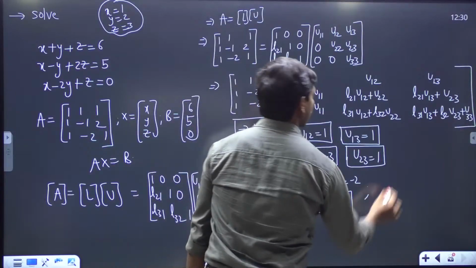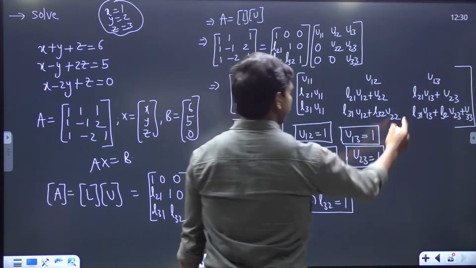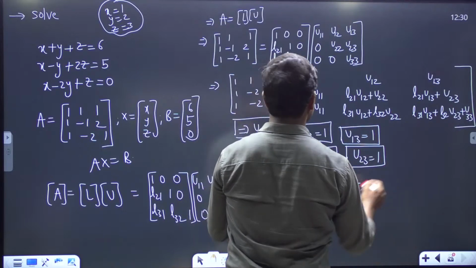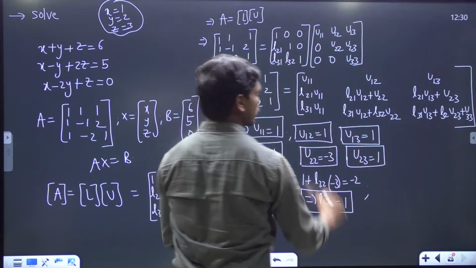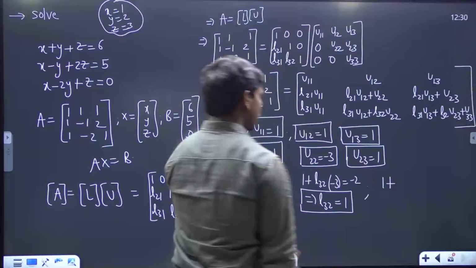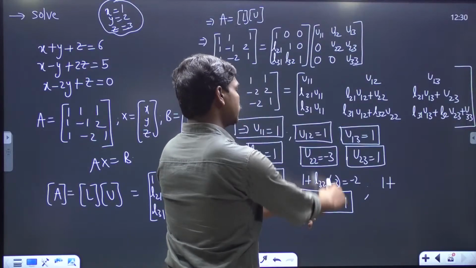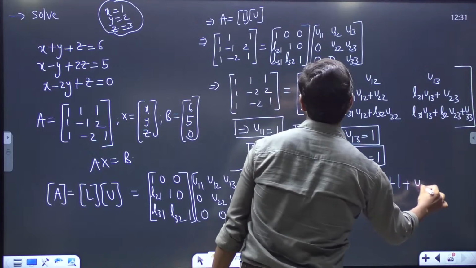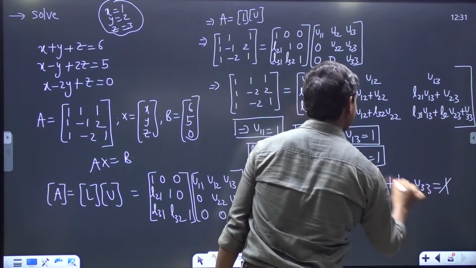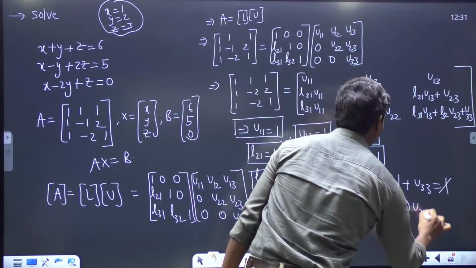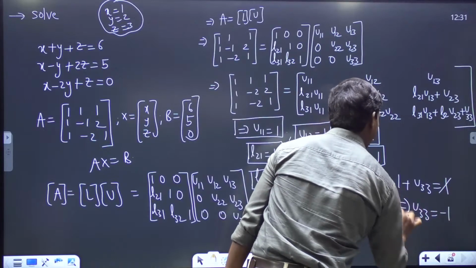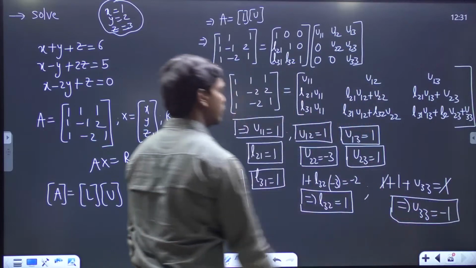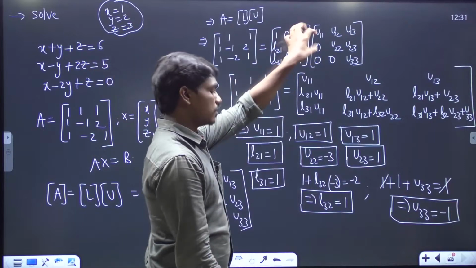Next, for the last part, L31 into U13, which is 1, plus L32 into U23, again we have 1, plus U33, this is equal to 1, which means U33 is equal to minus 1. So we got all the elements within this total matrices.